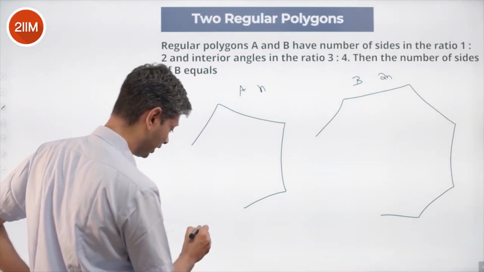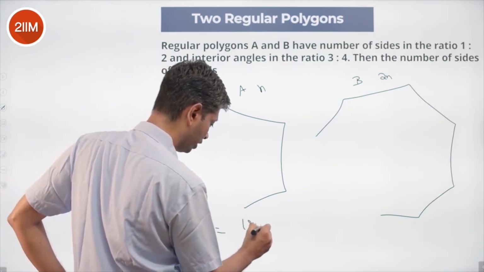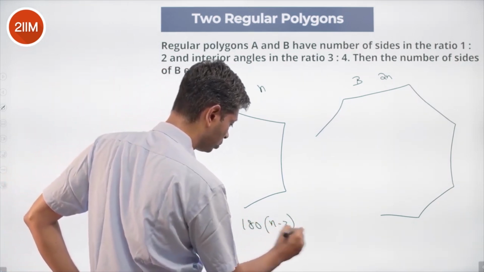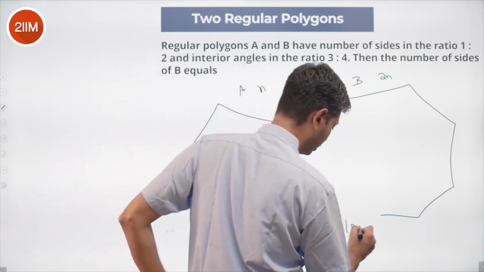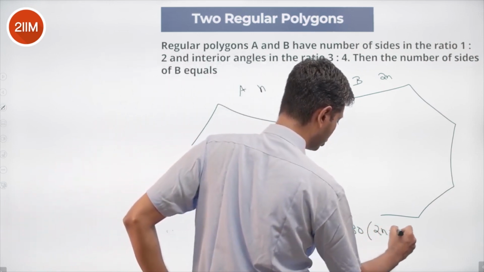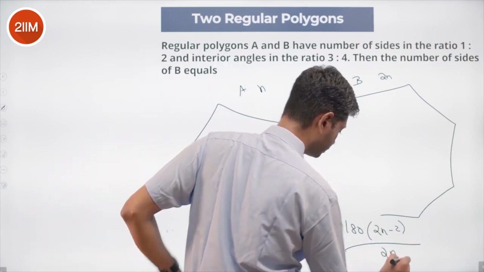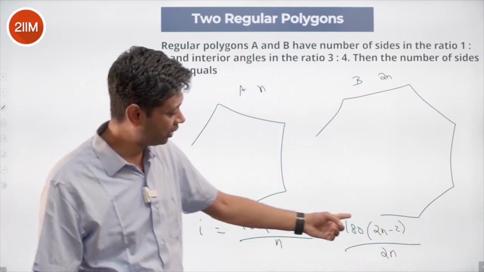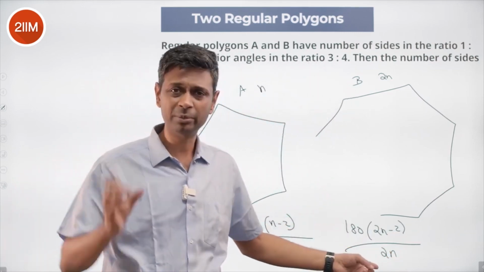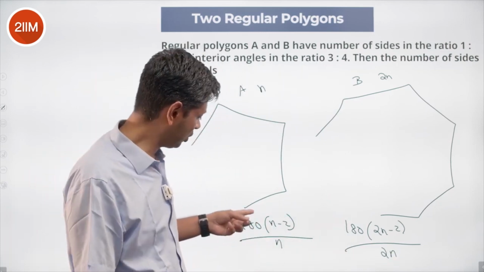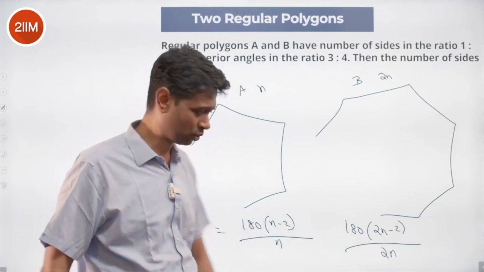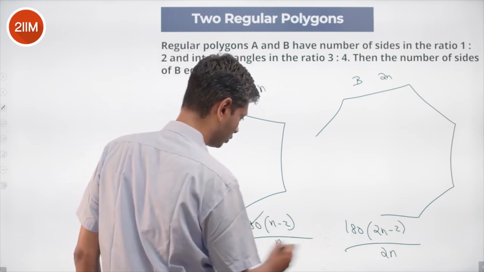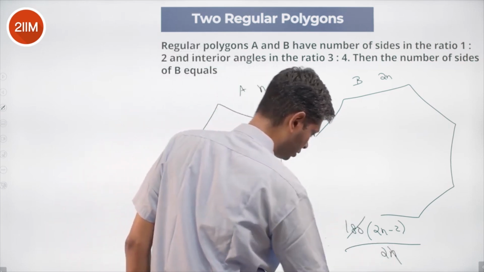So each internal angle here is 180 into (n minus 2) by n. Each interior angle here is 180 into (2n minus 2) by 2n. This is the total sum of all interior angles divided by 2n, that will be each internal angle. This is the sum of all internal angles divided by n, that will be each internal angle. This ratio is 3:4. Cancel off the 180, cancel off the n.